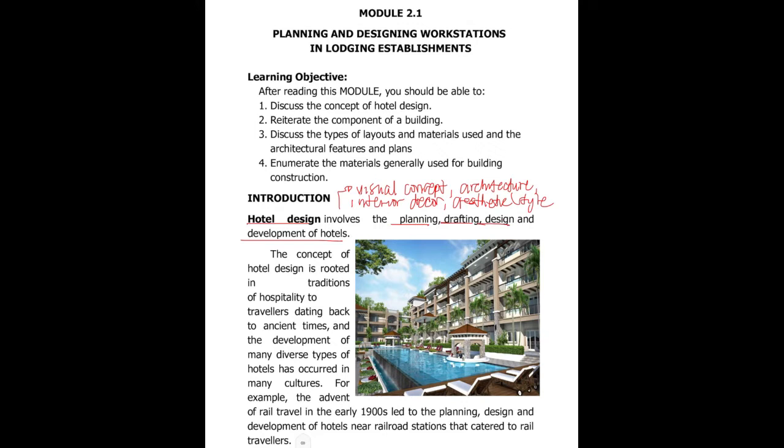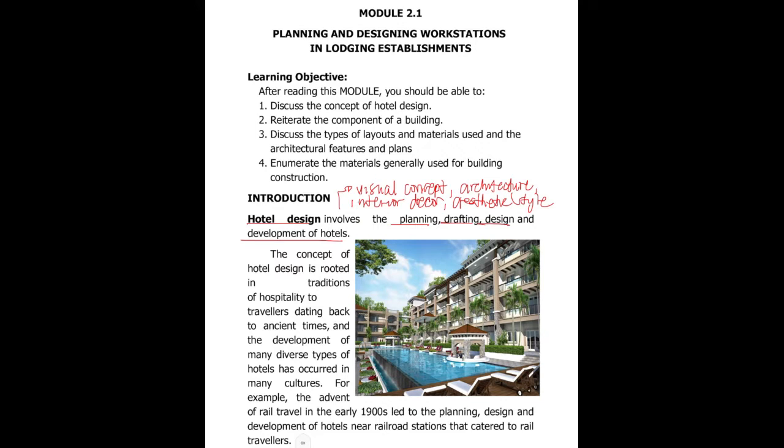Ibig sabihin, yung mga design ng mga hotels ngayon, mas naging modernized, mas naging contemporary, at mas meron siyang edge or nakikipagsabayan when it comes to the different designs din ng ibang hotel within the country and outside the country.